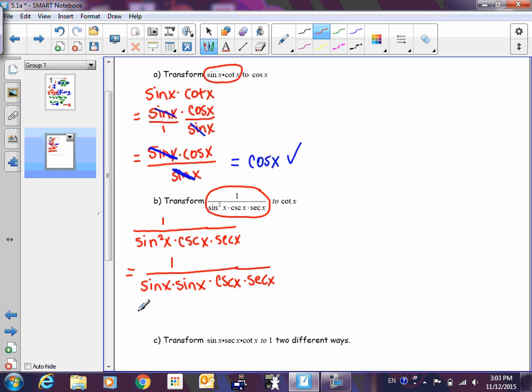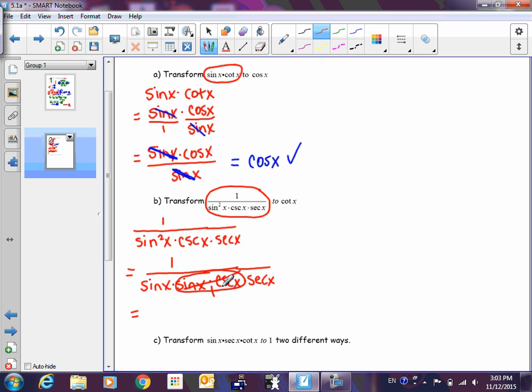All right, now do you see something easy on the bottom that simplifies? Sine and cosecant. What is sine times cosecant? A 1. So I can cancel that out, and you can write a 1 in its place, or you don't have to, because it's an identity. One of the identities on the front was that sine x times cosecant x is 1, and that's because they're reciprocals. That's how we know that.